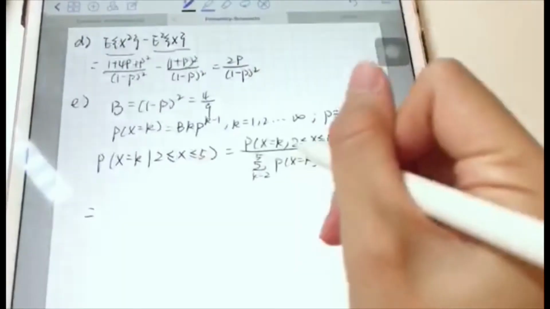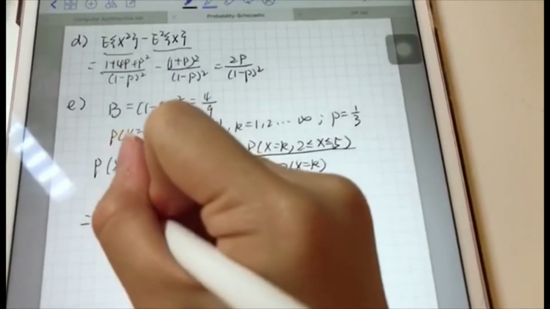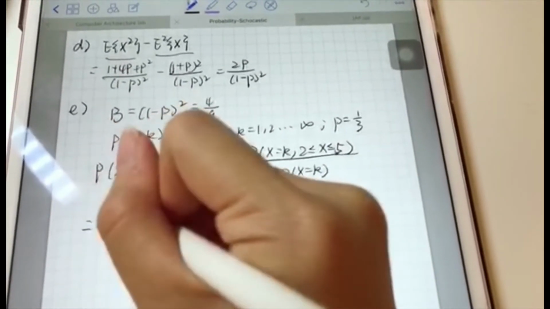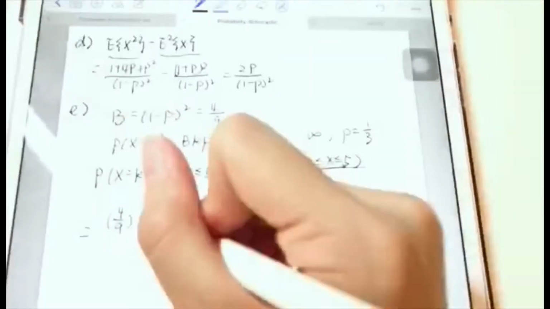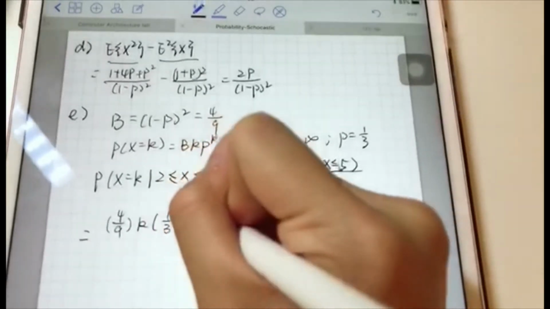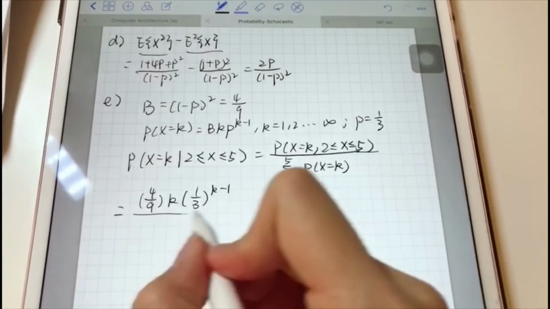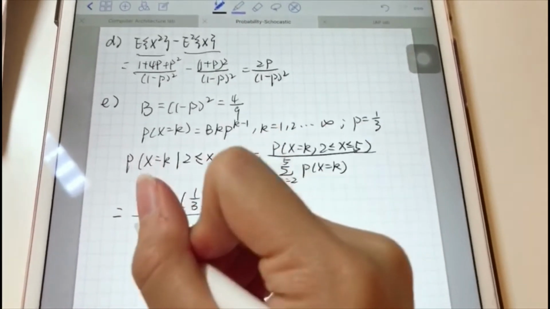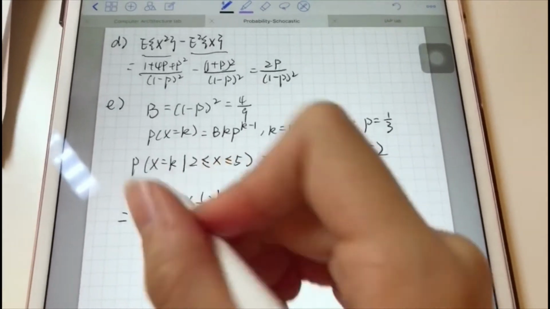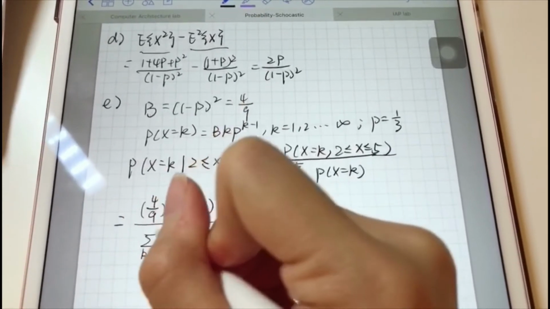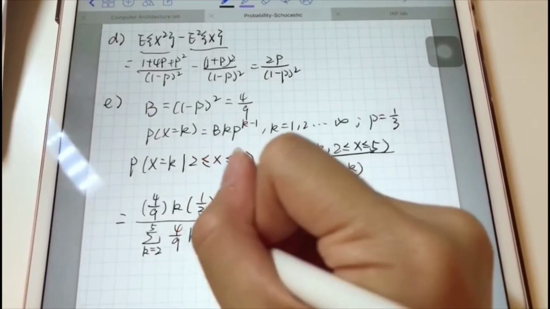The upper side of this equation can be written as 4/9 multiplied by k multiplied by 1/3 to the power k minus 1. And the lower side can be written as the sum for k equals 2 to 5 of 9/4 k.